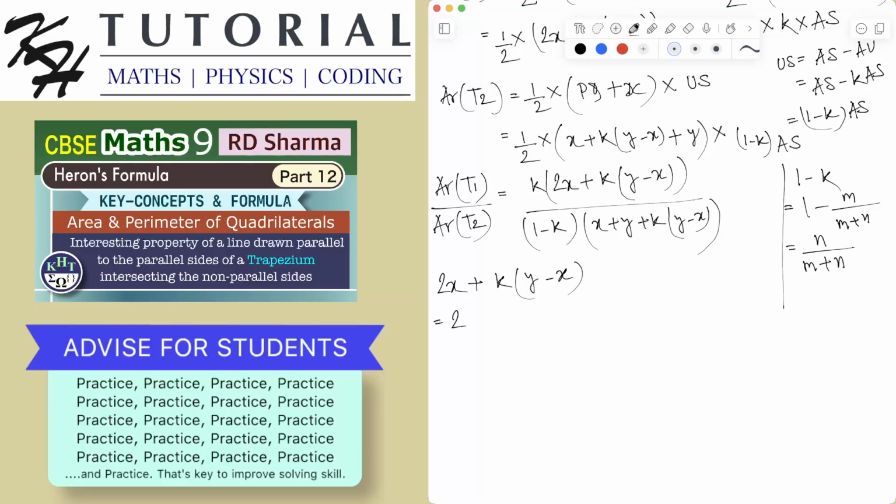So this is 2x, and if I put the value of k as m by m plus n, we have this multiplied by y minus x.